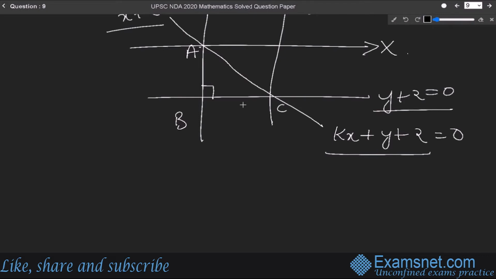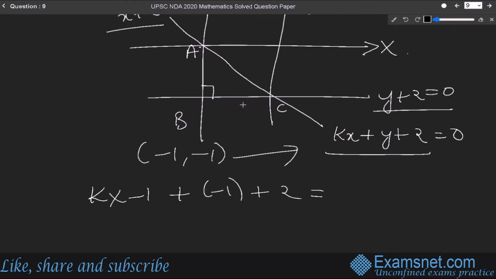Therefore, the point should lie on kx plus y plus 2 equals 0, which means it will satisfy the equation. So putting the point in this equation, we get k into -1 plus -1 plus 2 equals 0. So the value of k will be 1.